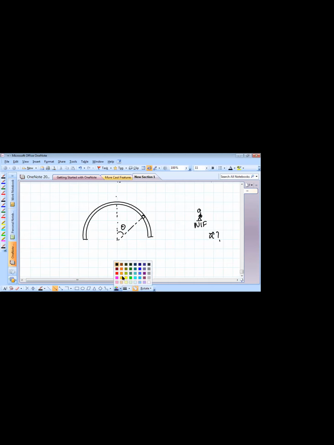So other than this, your forces would be weight, and it would have to be balanced by buoyant force.